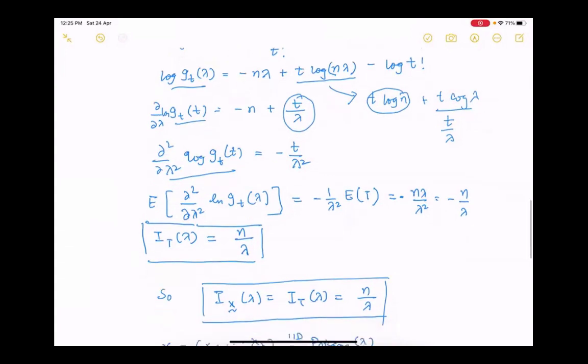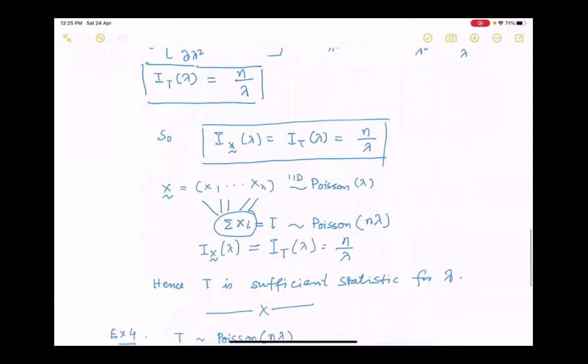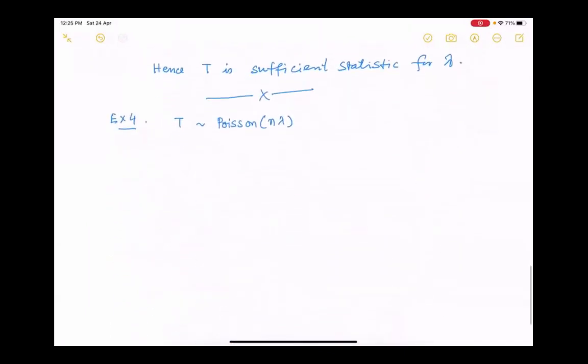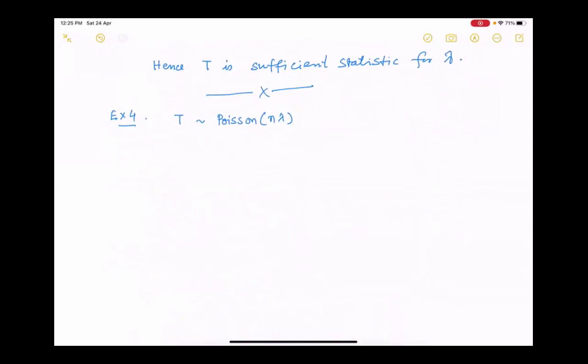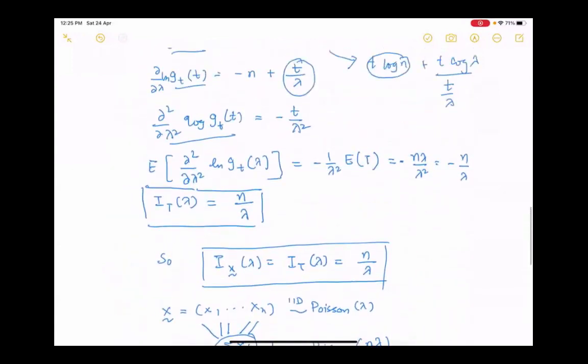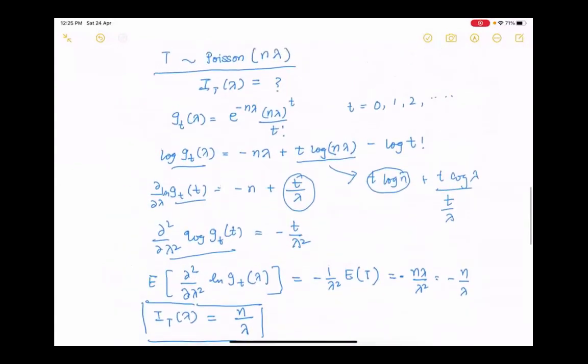Correct? Yes, sir. So you have to actually do the calculation and then only you will get the answer. You understand what I'm saying? Yes, sir, I understood that. And sir, does that mean we cannot just take it like that?